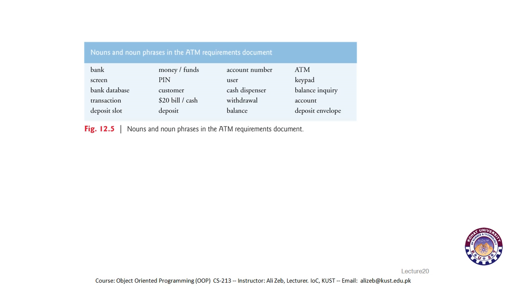But from our simple requirements document, we have picked these nouns. This can be a starting point from where you can start building your system. You can build classes for your system.